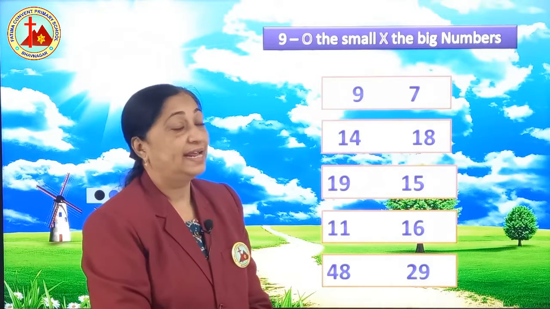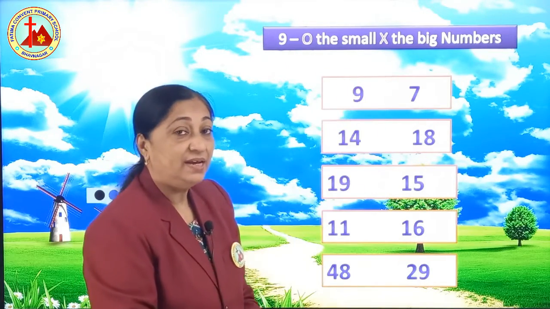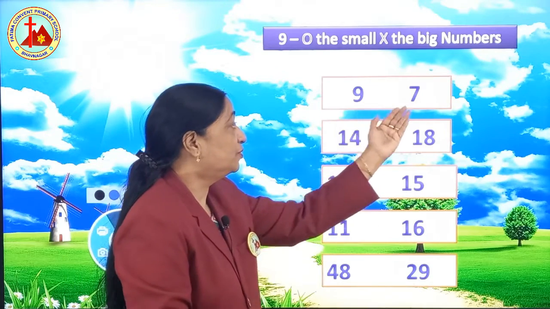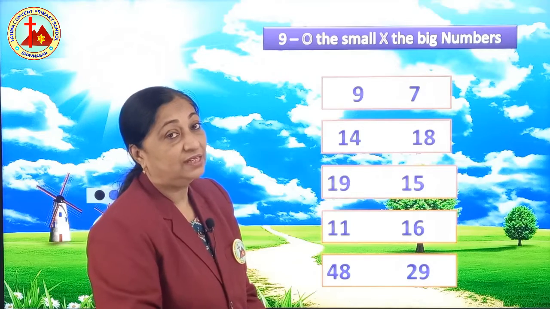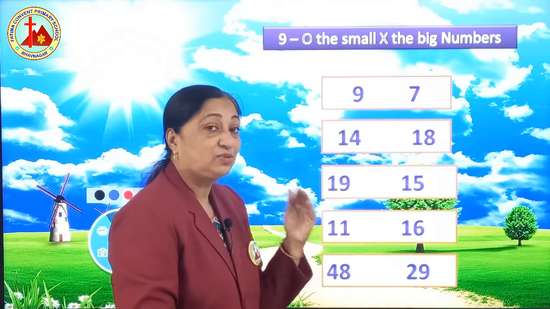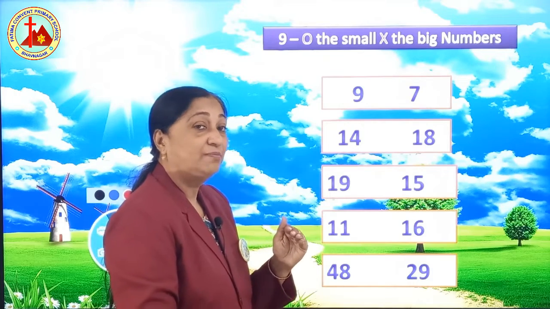So now our next question is, circle the small and cross the big number. From both the numbers you have to see which is the smaller number and which is the bigger number. Which comes first, that is the smaller, and which comes after, they are called big numbers.